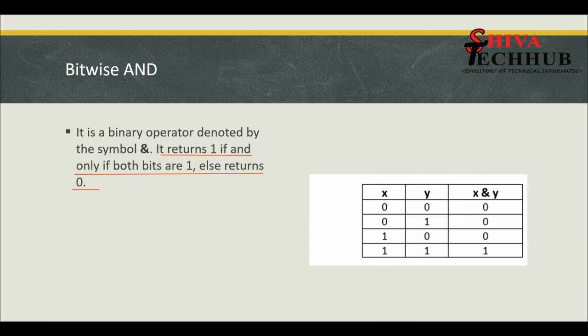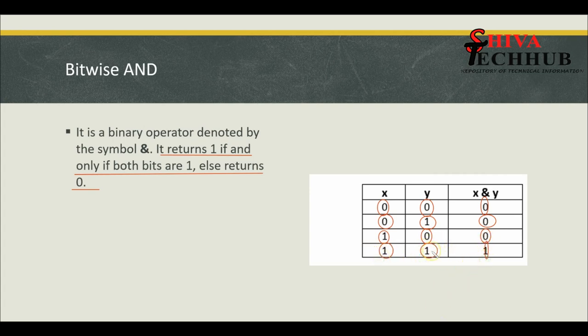Now, 0 and 0: according to the definition, it returns 1 only if both bits are 1. Here both bits are 0, so it has written 0. Here one bit is 0, one bit is 1, it has written 0. Here the first bit is 1 and the second bit is 0, it returns 0. Here both bits are 1, so it has written 1.